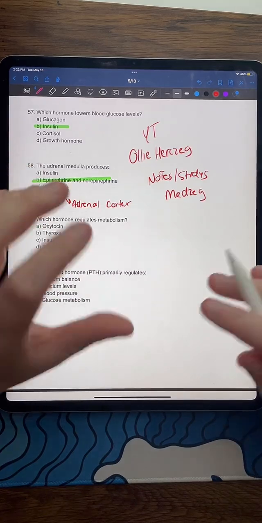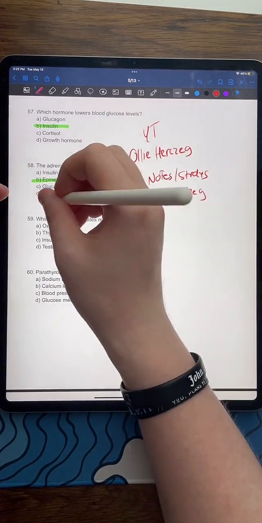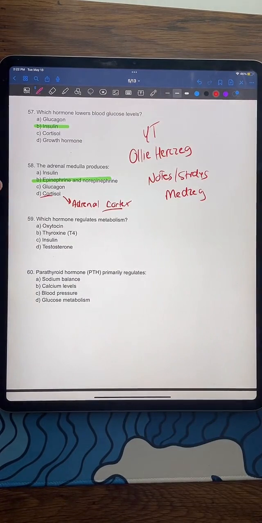Cortisol is produced in the adrenal cortex, so core, cortisol, cortex, cortisol. Glucagon is secreted by the pancreas. Insulin is also produced by the pancreas. Yep, insulin for in. That's an awesome way to remember it.